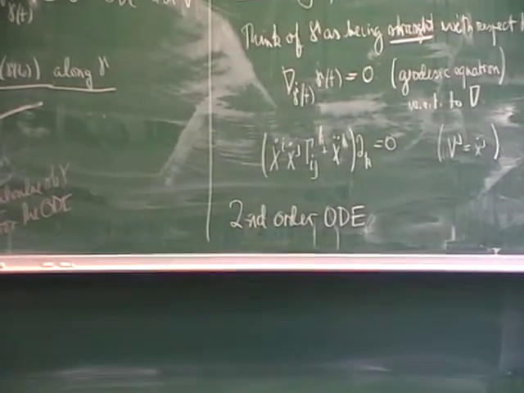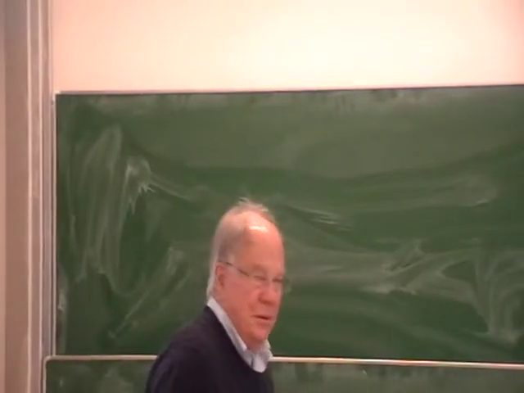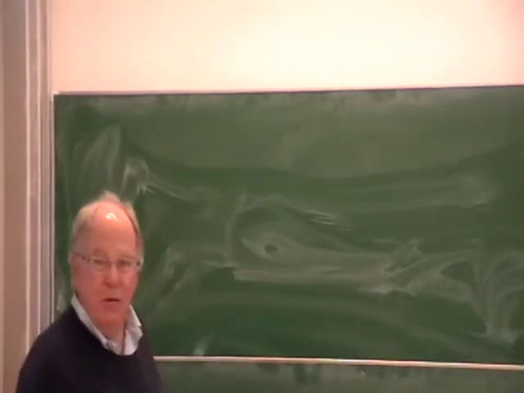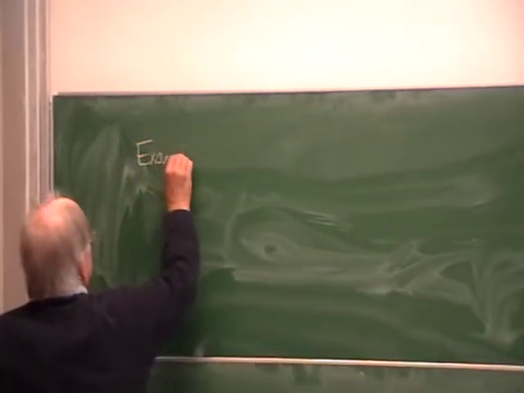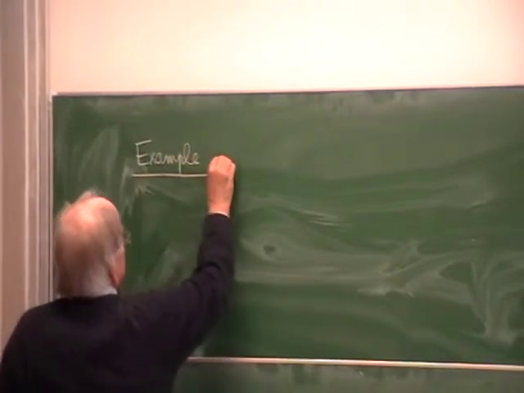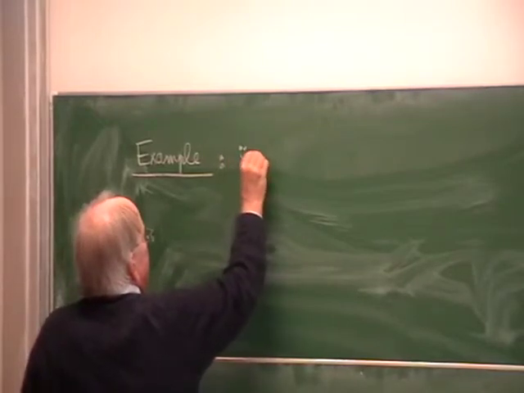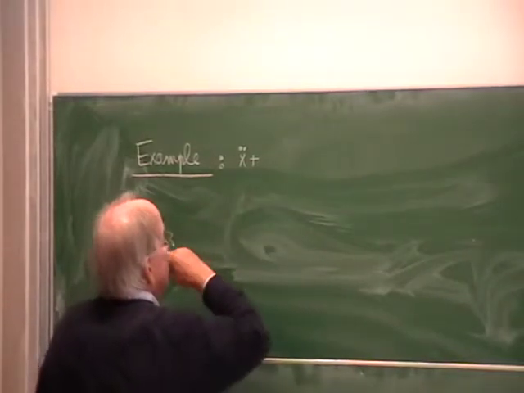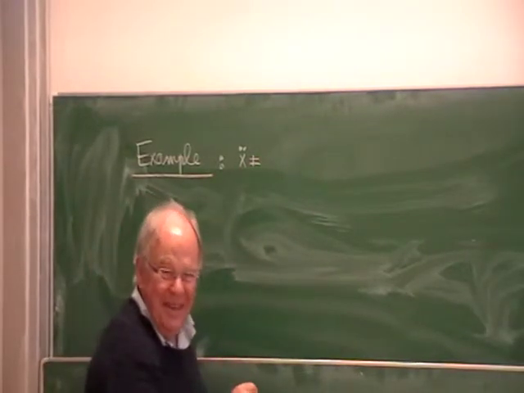Okay. Now everybody here in high school learned how to handle second order ODEs. For example, I will remind you of how to handle a famous one. An example of a second order ODE: x double dot, plus minus lambda x equals 0.